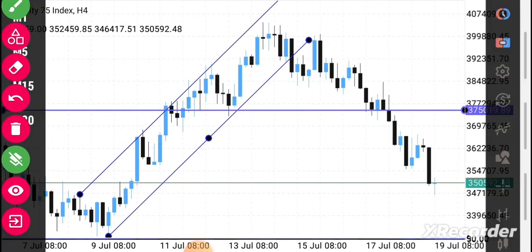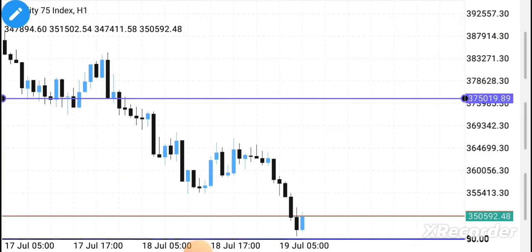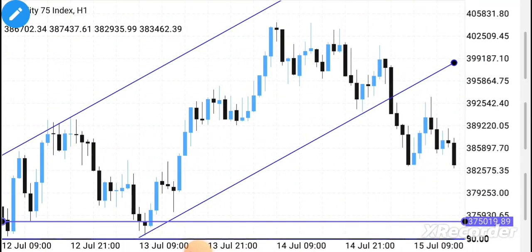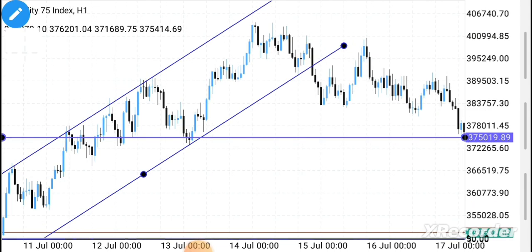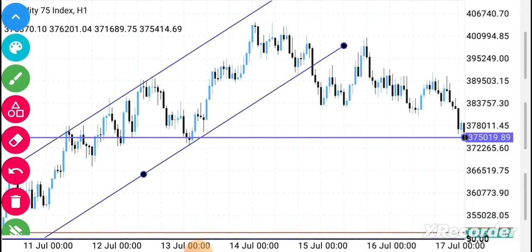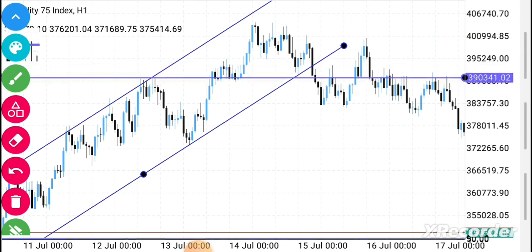So if we come to H1, you can see that in H1 here we have something like this. Are you getting the point? If this was our last lower high, where is our last lower high?